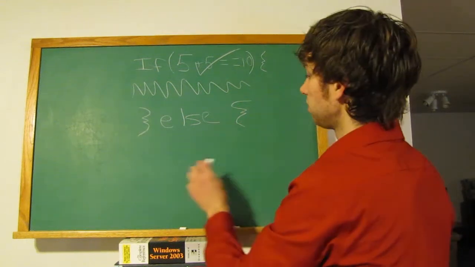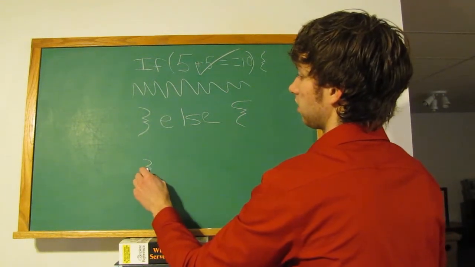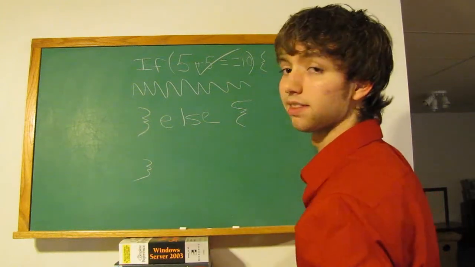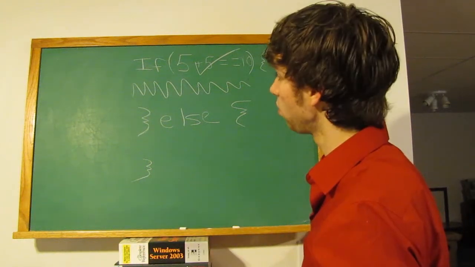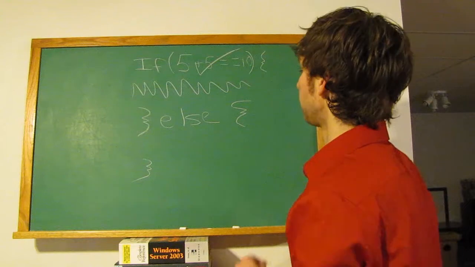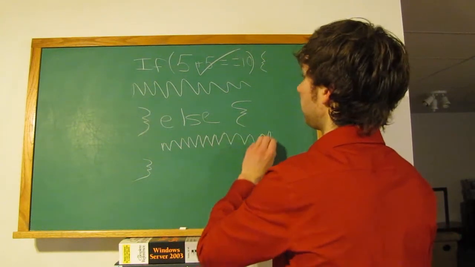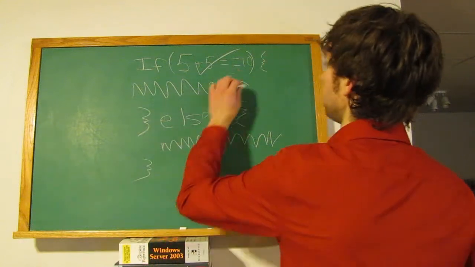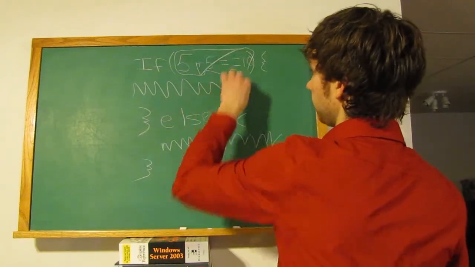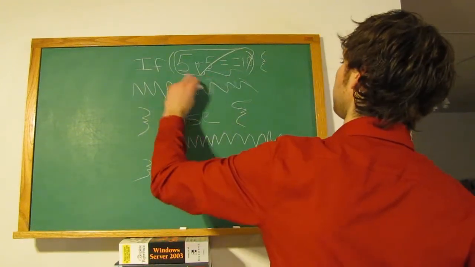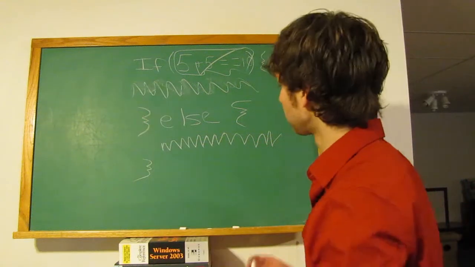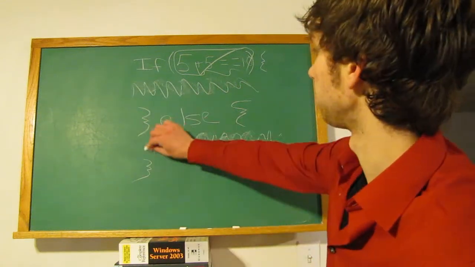And then we have another one, and then we close this one. Like that. Cool? So we can have another statement here, and basically it's going to test this. If it's true, it's going to run this one. If it's false, it's going to run this one.